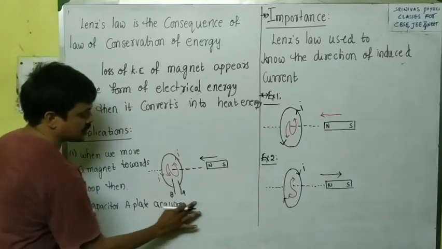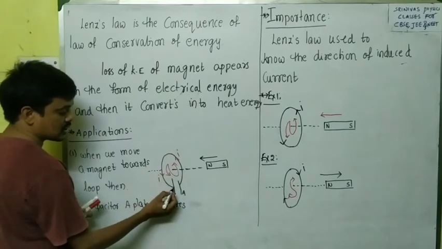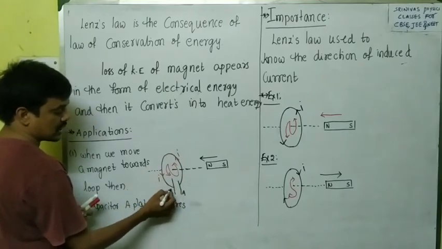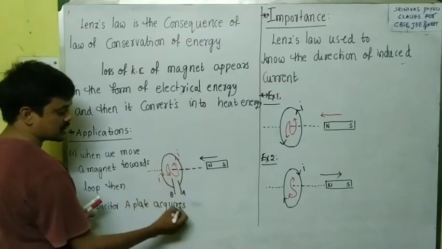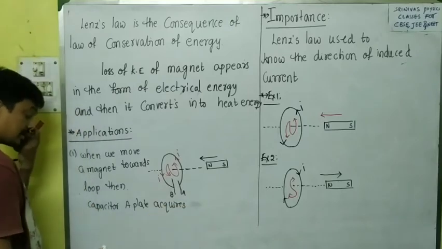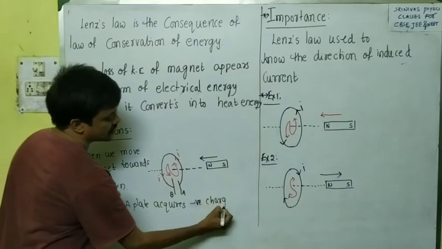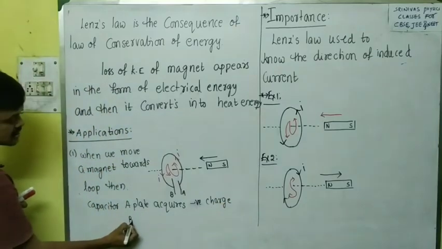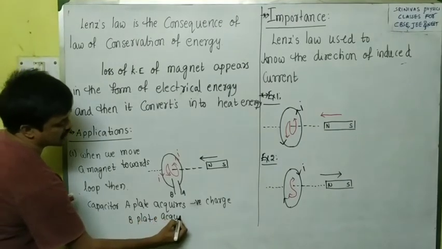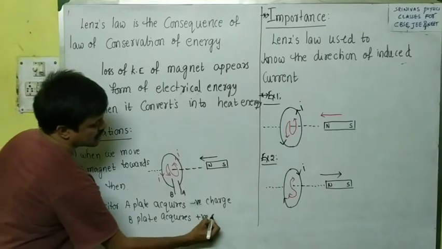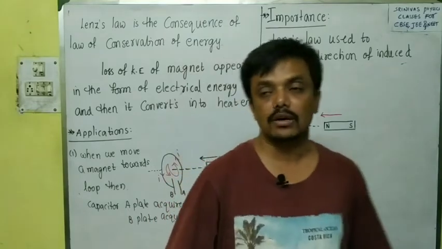Positive or negative? Current goes like this. That means electrons go like this. The B plate loses electrons, electrons go like this, and the A plate gains the electrons. That means the B plate loses electrons, so B becomes positive and A becomes negative. The A plate acquires negative charge and the B plate acquires positive charge. Okay, now let us go for one more example.